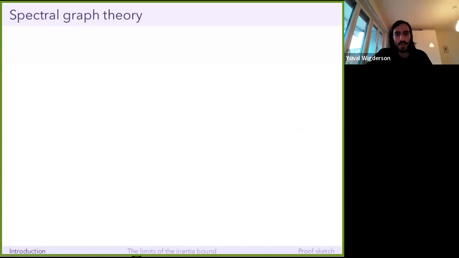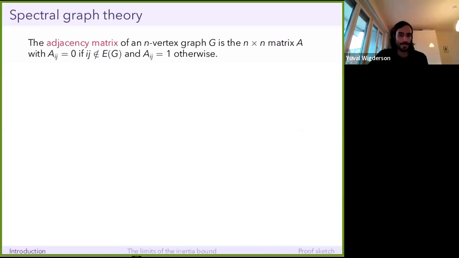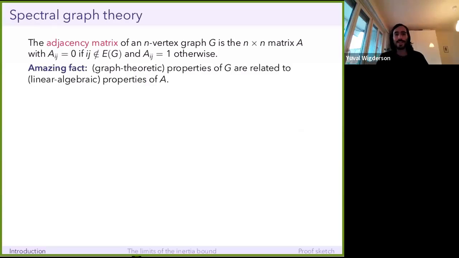So let's get started. I'll just start with some general background on spectral graph theory that I assume everyone here knows. The adjacency matrix, everyone knows, is the matrix of zeros and ones where ones represent the edges of a graph. And maybe to this audience this isn't so amazing, but I really find it amazing that the adjacency matrix, if you think about it, is really another data structure.